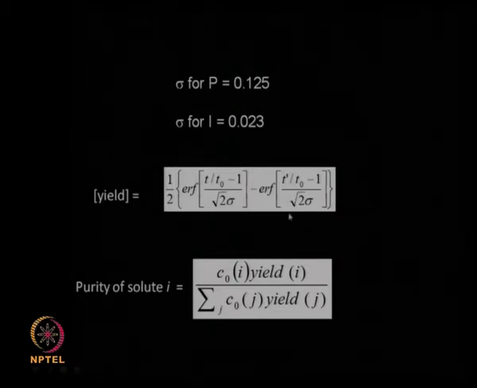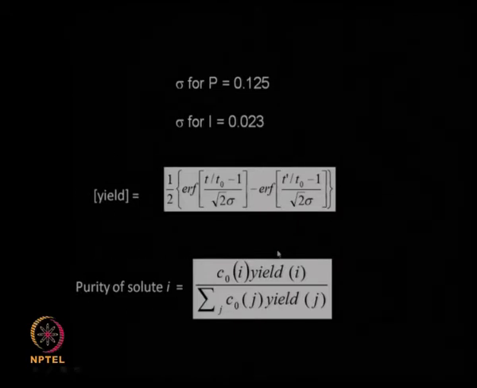Now yield is given by this error function equation, okay, where half into F of (T by T naught minus 1) divided by square root of 2 sigma minus F of (T dash by T naught minus 1) divided by square root of 2 sigma. So if you are collecting the product between the time T dash to T, then this is the equation for yield, okay.